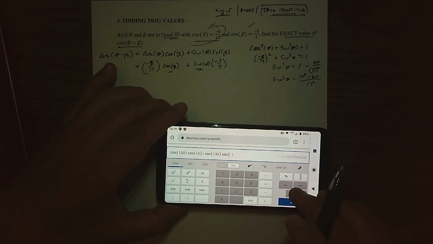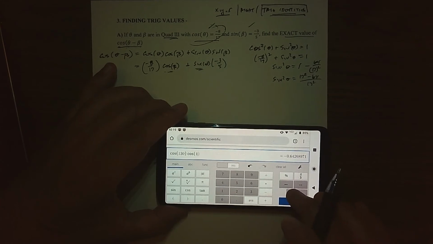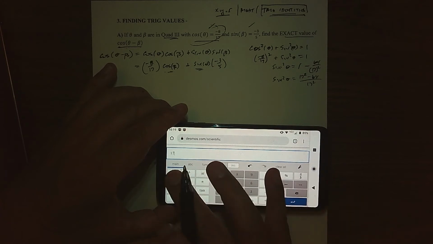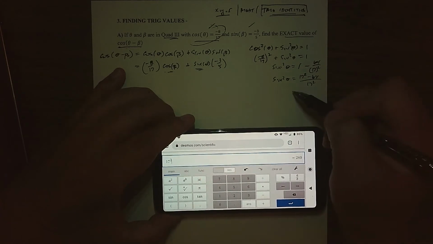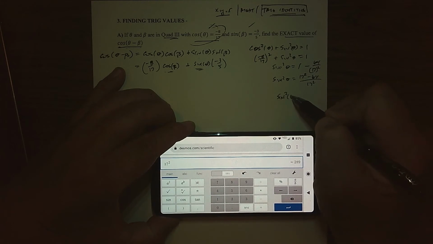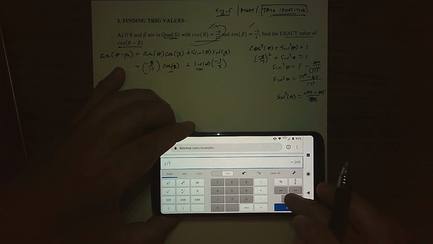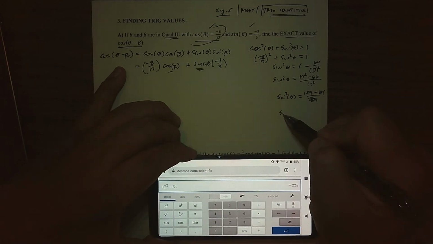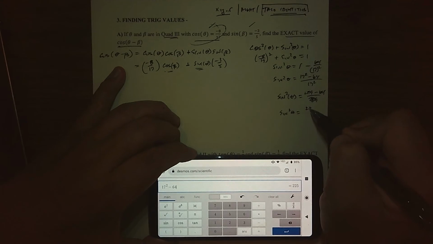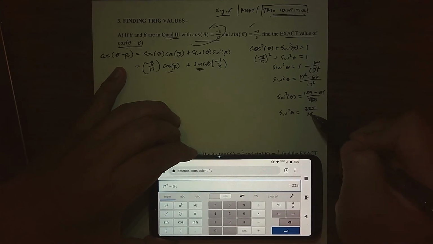Let me type in what the heck is 17 squared. So 17 squared equals 289. So we have the sine squared theta equals 289 minus 64 all over 289. And if we subtract 64, what we get is 225. So sine squared theta equals 225 over 289.